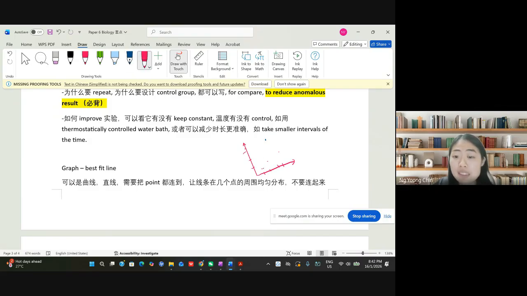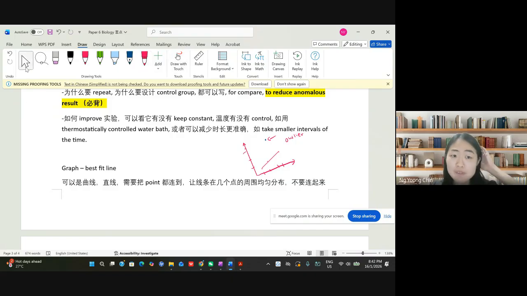So whenever you draw the line graph, this one is called what? Anomalous result, or an outlier. You know outlier? It is a result which totally looks not logical. We call it an anomalous result.